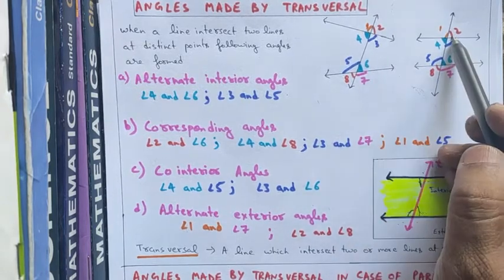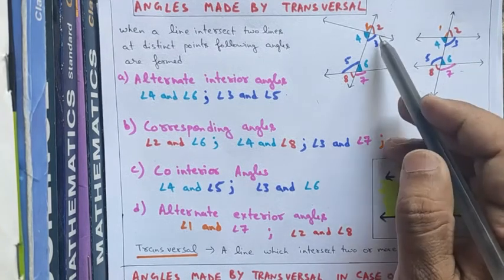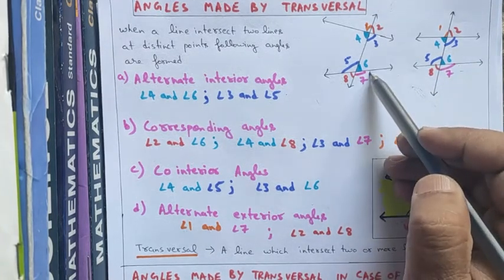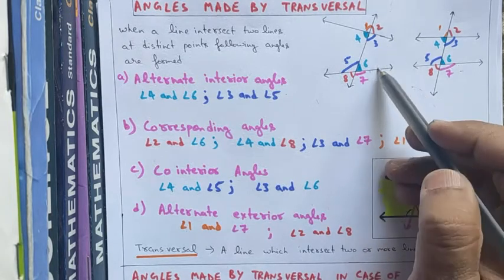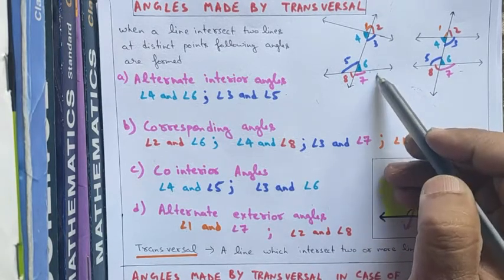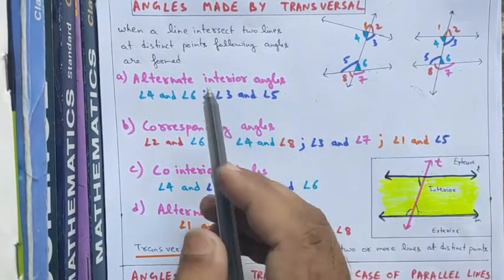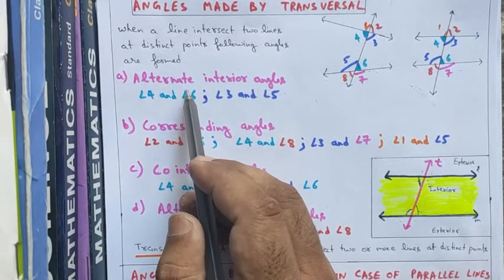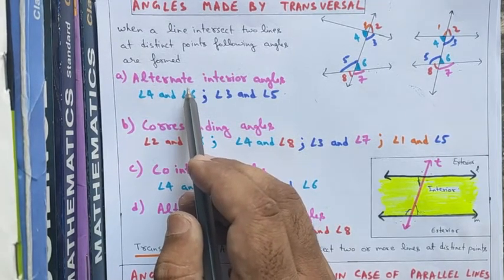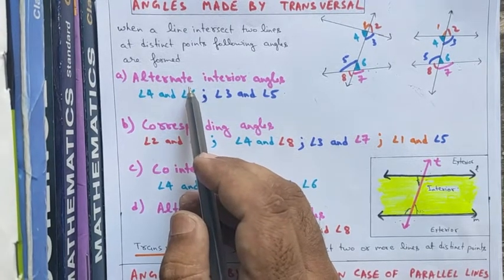These two lines can be parallel to each other, or they may be non-parallel. Here I have shown one figure where they are not parallel to each other, and in this figure they are parallel to each other. So let us discuss the different types of angles formed when a transversal intersects two lines, whether parallel or non-parallel.